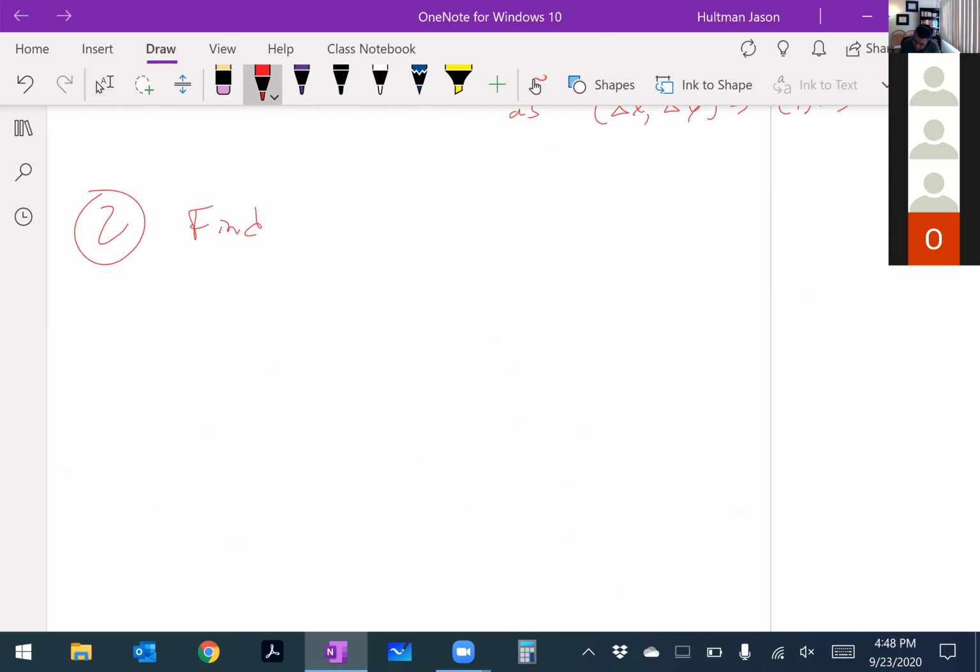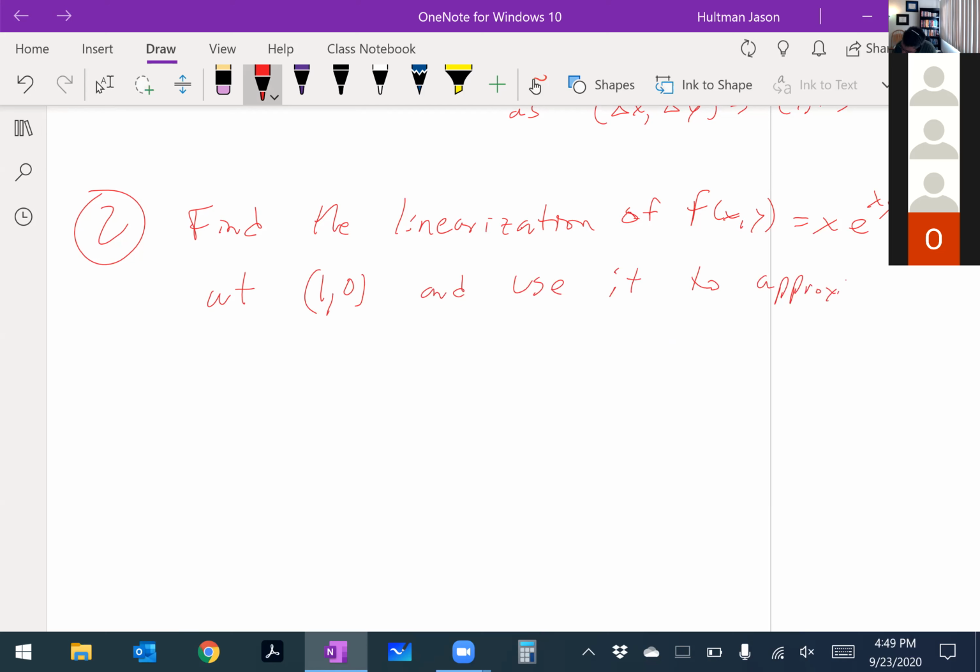Find the linearization of f of x, y equals x e to the xy at (1, 0) and use it to approximate f of (1.1, negative 0.1).